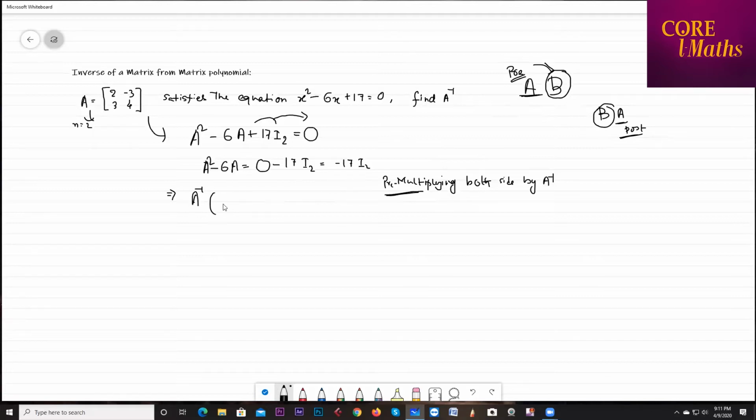So it will be A square minus 6A equals minus 17 I2, or better to write here also, on both sides it will be applied: minus 17 into pre-multiplication of A inverse.